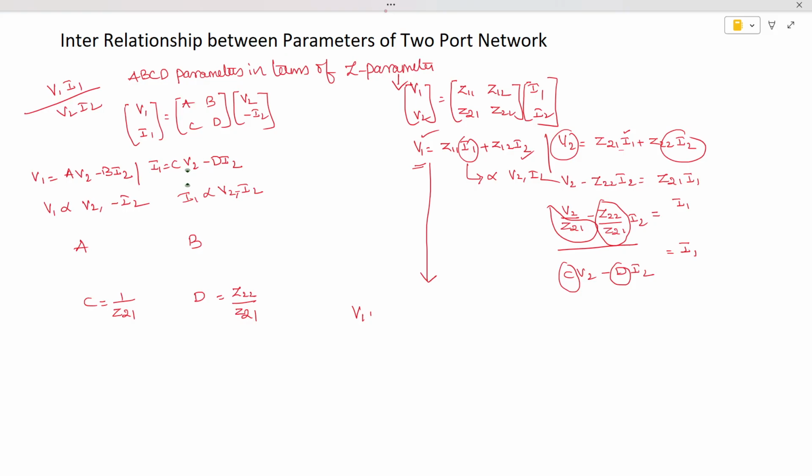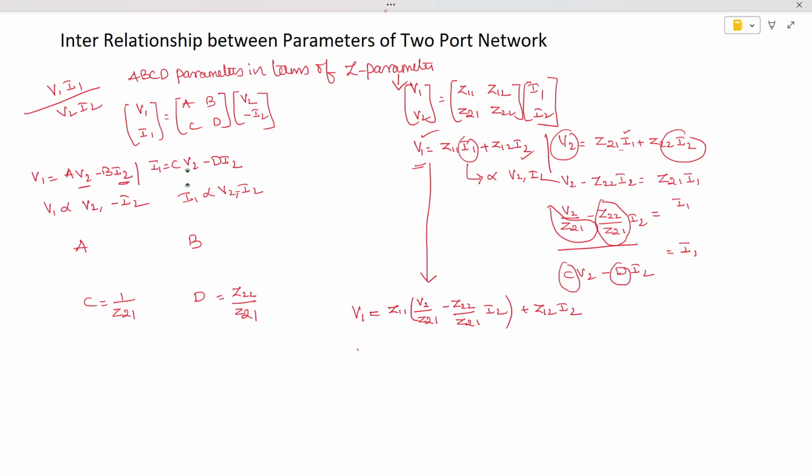V1 is equal to Z11 I1. What is the I1 value? V2 by Z21 minus Z22 by Z21 I2, plus Z12 I2. Separate the terms in the standard form of V2 and I2.